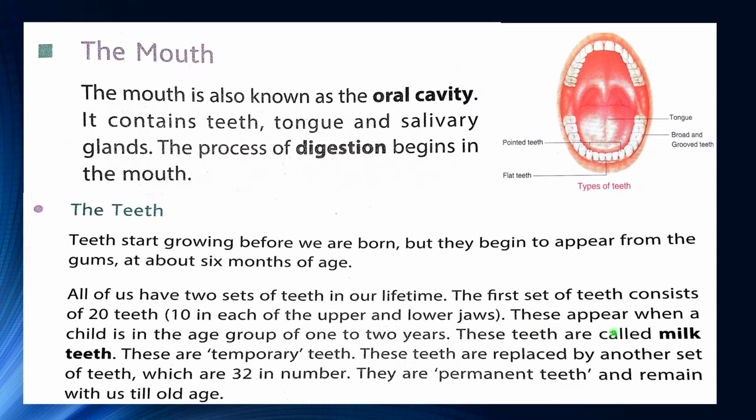These appear when a child is in the age group of 1 to 2 years. These teeth are called milk teeth. These are temporary teeth. These teeth are replaced by another set of teeth which are 32 in number. They are permanent teeth and remain with us till old age.